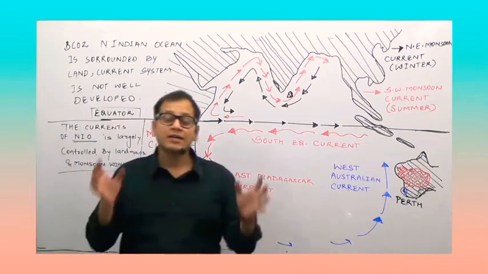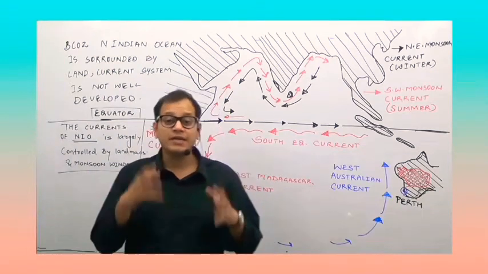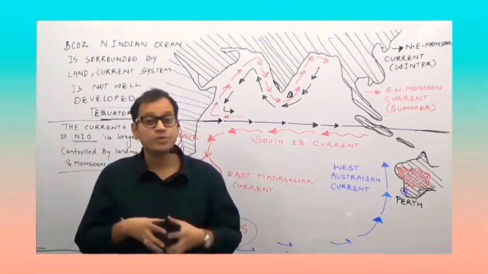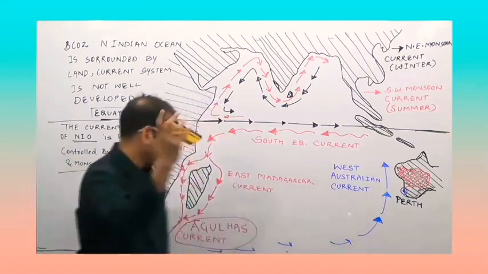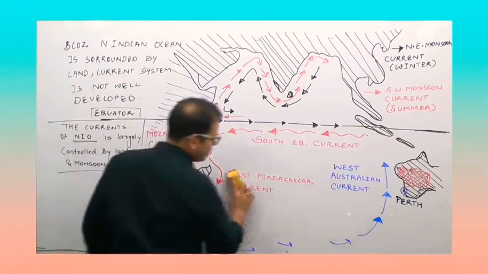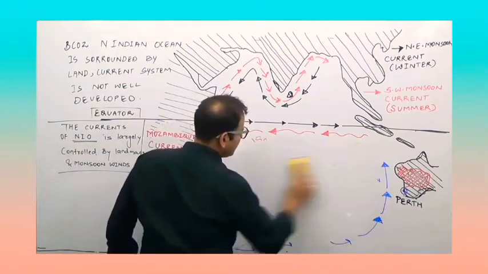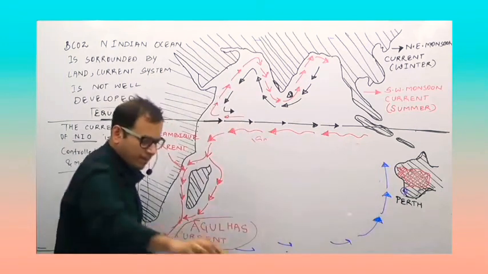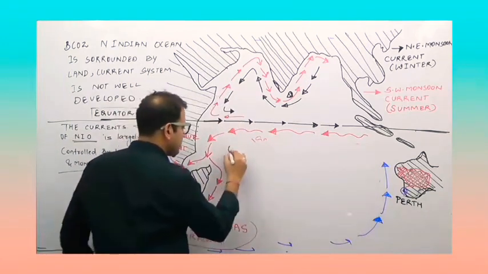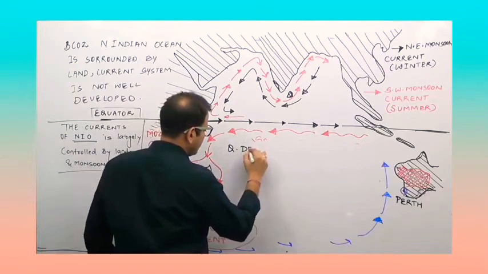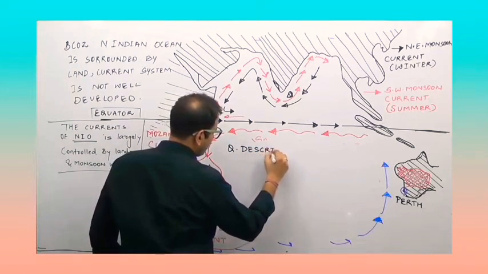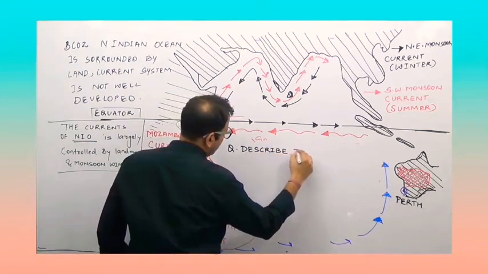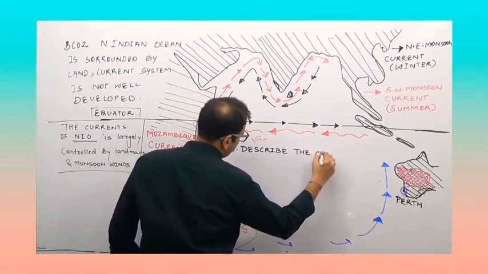So, if the question comes, write about the current system of the Indian Ocean, or the assignment is to describe the current system of the Indian Ocean.